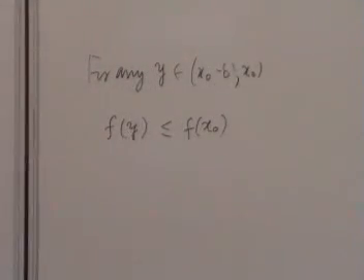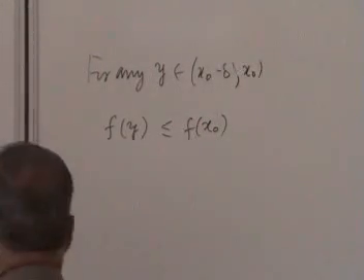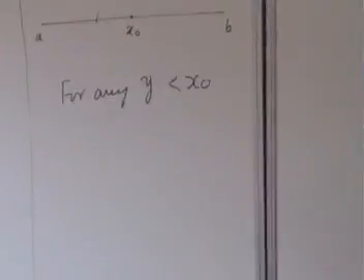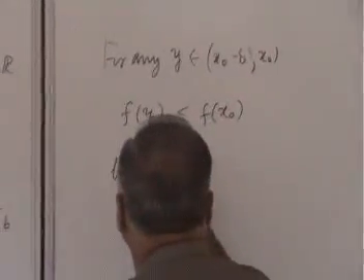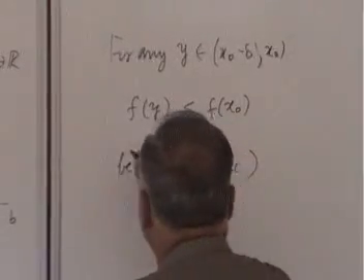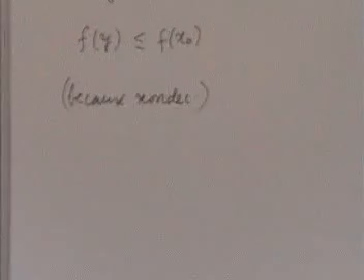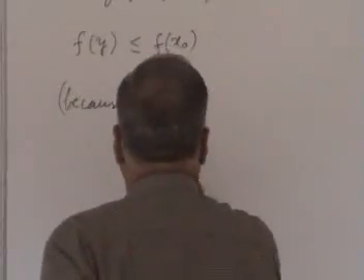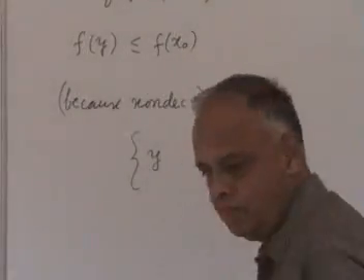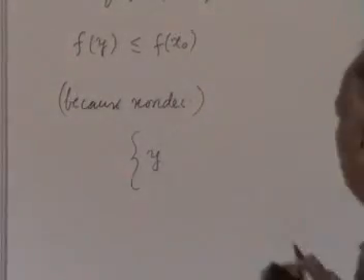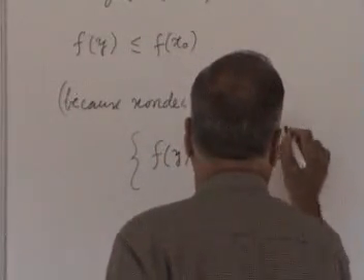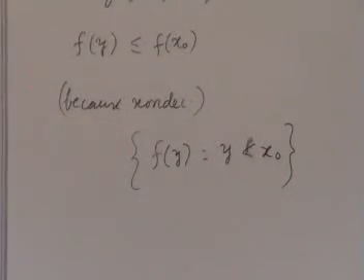So let me put it this way. For any y less than x naught, of course within that interval, f(y) is less than or equal to f(x naught) because f is non-decreasing. Now if I look at all the f(y)'s, y less than x naught, this is a set of numbers.